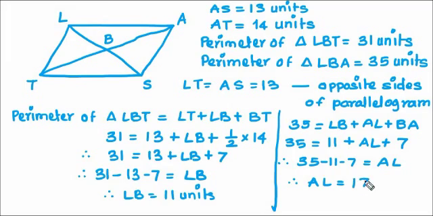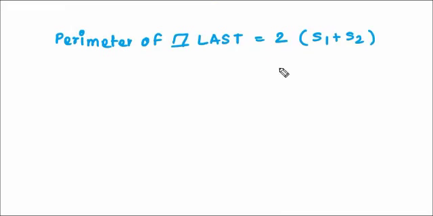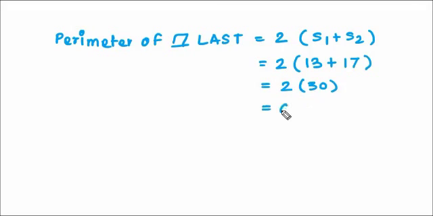Now what we need to find out is the perimeter of the parallelogram. Perimeter of a parallelogram is 2 times the sum of its sides. And that is 2 times, one side we know is 13, second side we know is 17, and it is equal to 60 units.